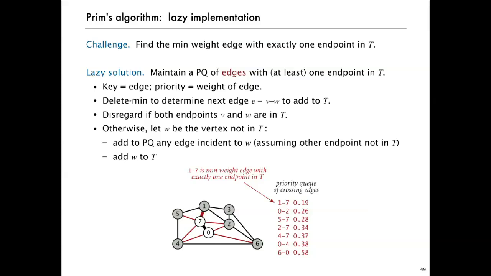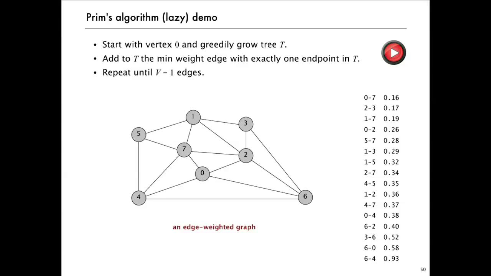So those edges have the possibility of being minimum spanning tree edges in the future, unless some better way to connect their incident vertex to the tree is found before they come off the queue. That's the algorithm, the lazy solution of Prim's algorithm.